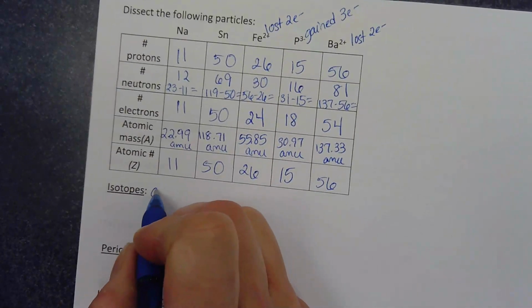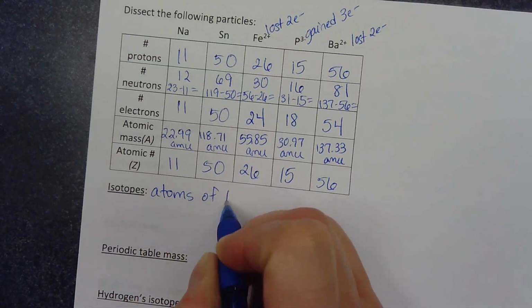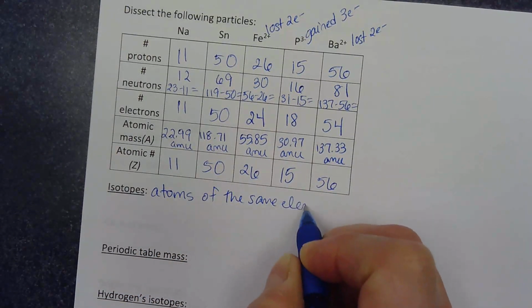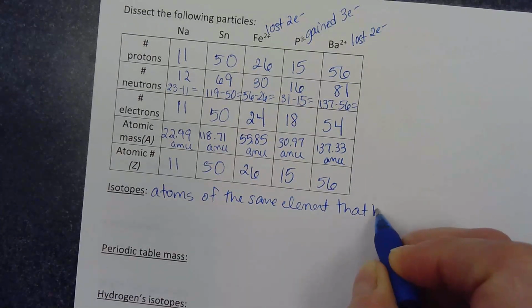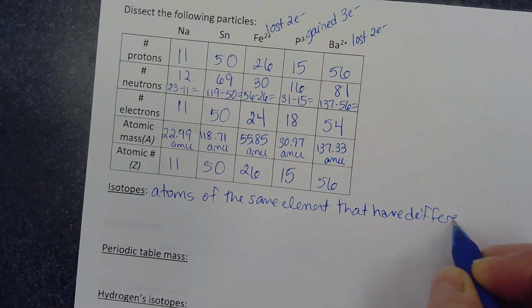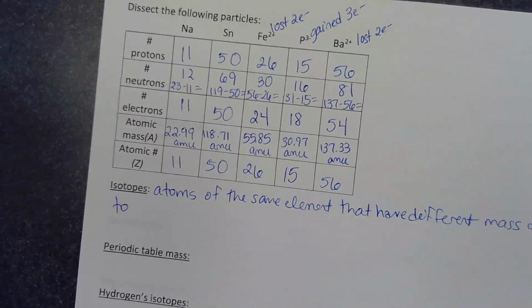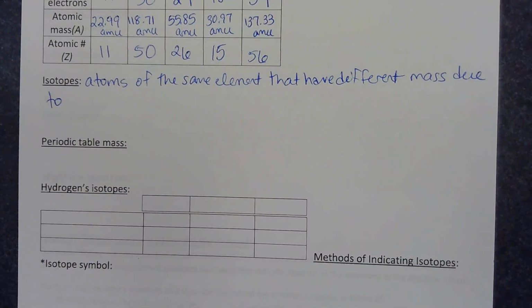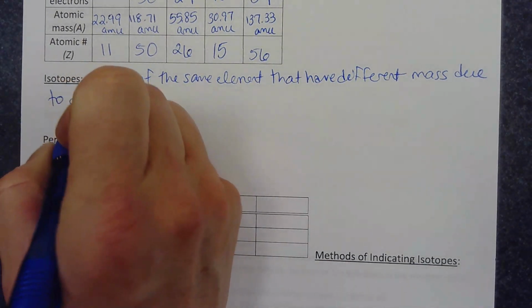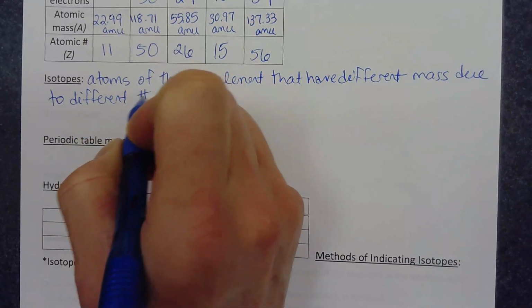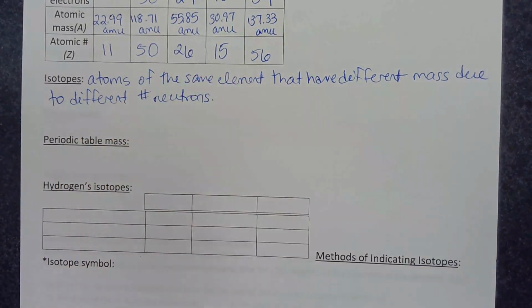An isotope is, or are, atoms of the same element that have different mass due to different number of neutrons. That's exactly right.